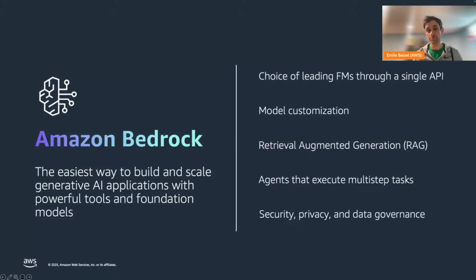With that, you get a broad set of capabilities to identify and experiment with different providers, looking at performance, accuracy, and cost, and really hone in on which model works best for your application.